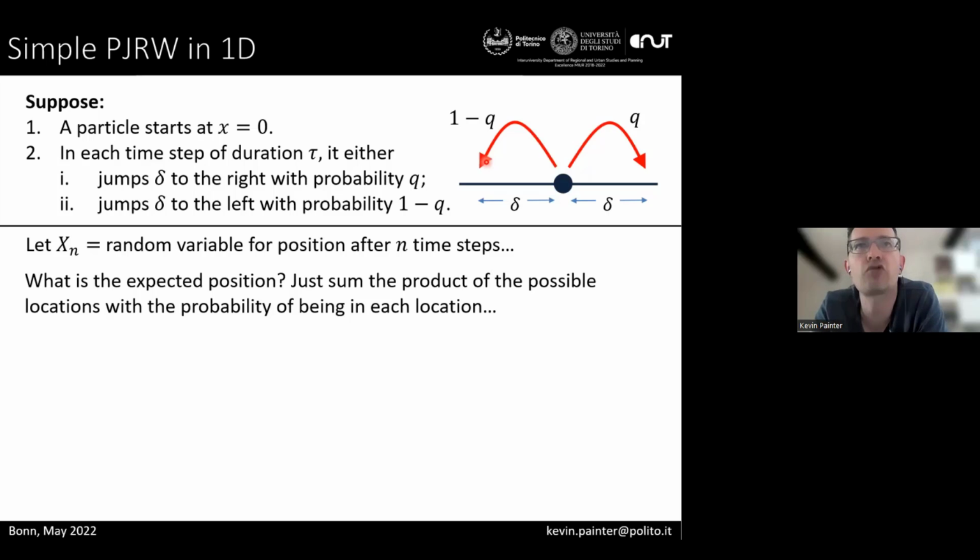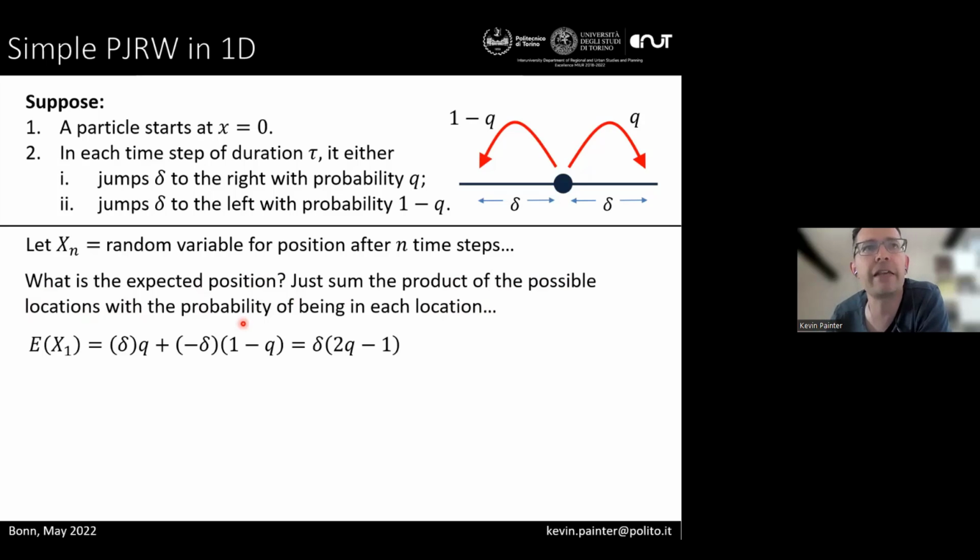Well, this is actually a very straightforward calculation. If we want to calculate the expected position, then we just sum the product of the possible locations with the probability of it being in that location.